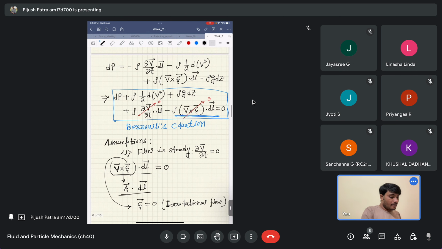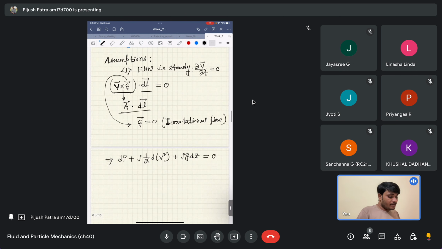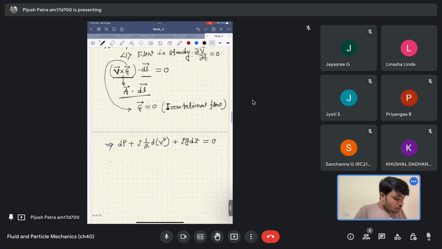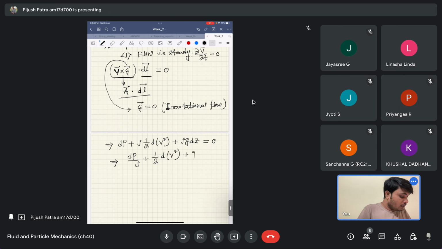Am I right? Now I can write it as dp by rho plus half d of V square plus g dz is equal to 0.